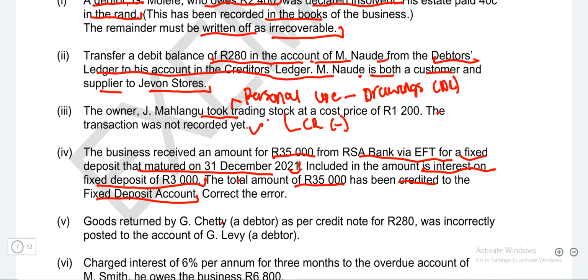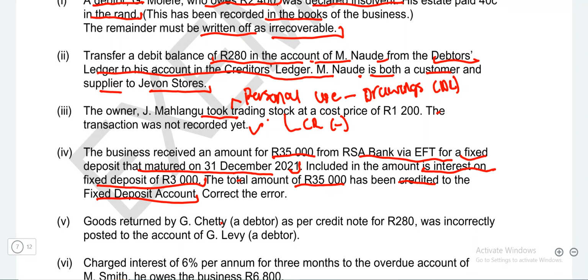The next transaction says that goods returned by GGT, a debtor, as per credit note 428, were incorrectly posted to the account of G Levy, who is a debtor. So here we made a mistake. And when we've made a mistake, remember I said if there is an error, the first thing that you do is cancel out that error.